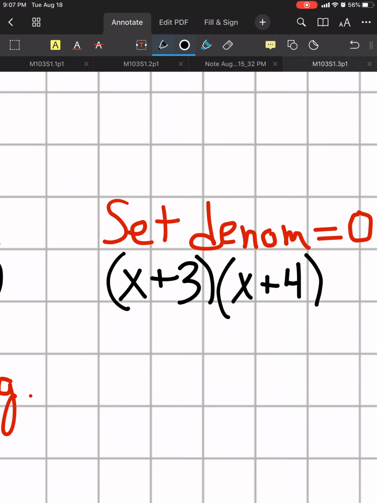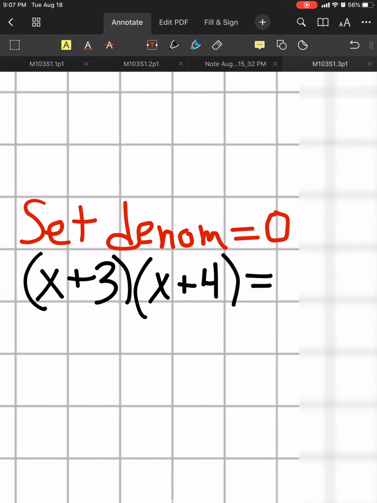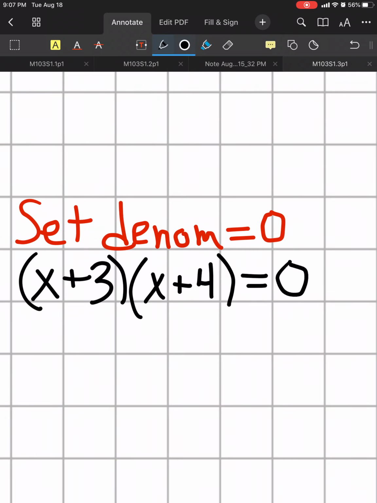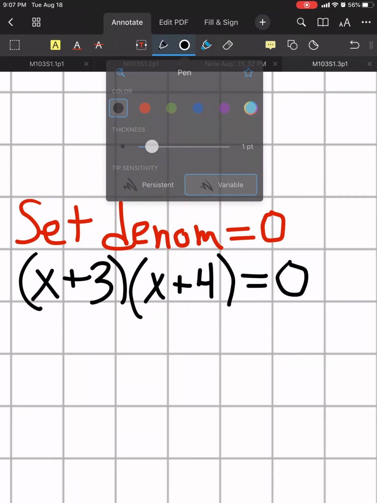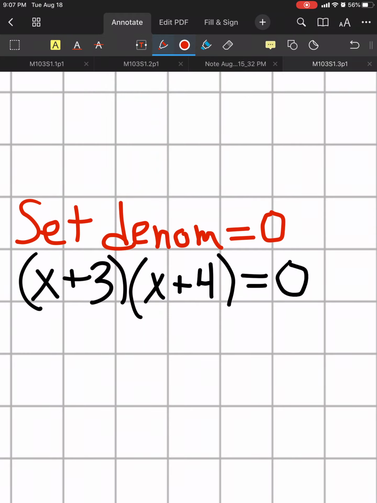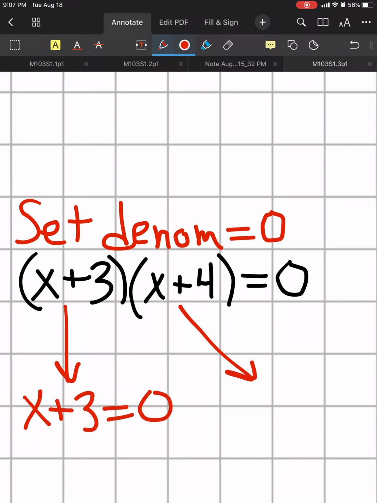And if you want to set a product equal to 0, you have to remember that means one of the two things has to be equal to 0. So that means we get 2 results here. We get one that is x plus 3 equals 0. And the other one is x plus 4 equals 0.